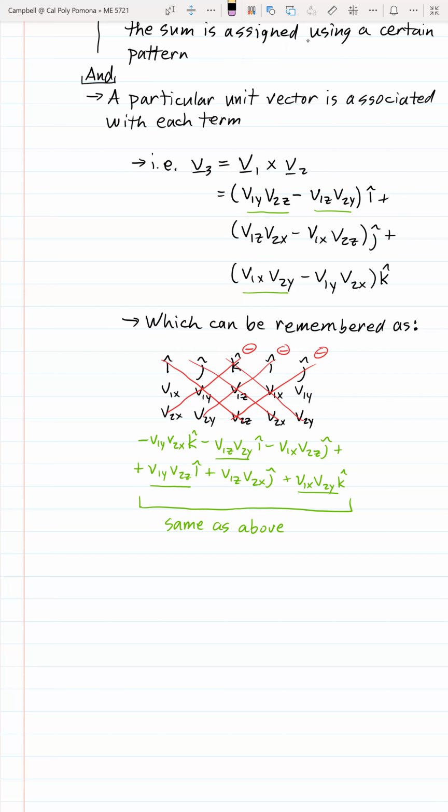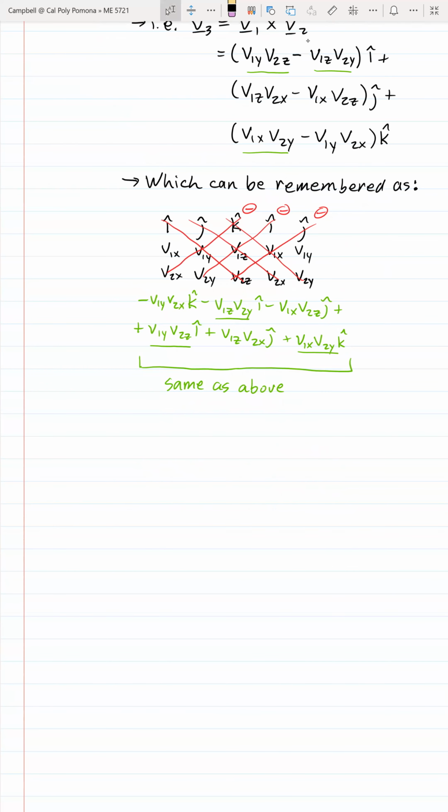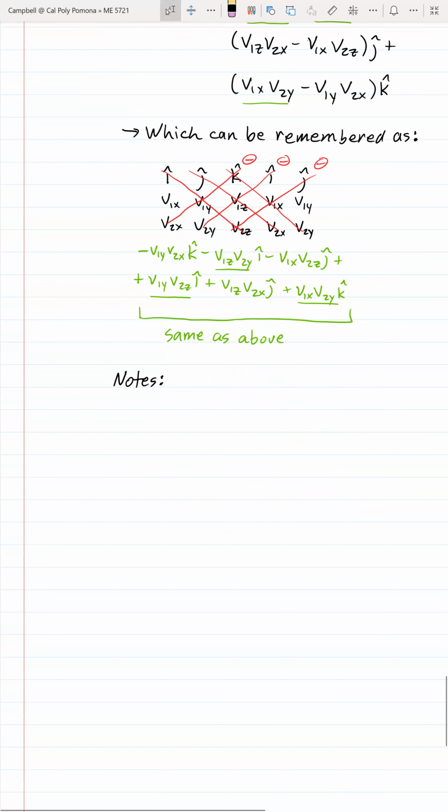Okay, so with that, let's go ahead and ask what we have with any of the operations that we have newly introduced. Let's go ahead and write down some notes. So V1 and V2 clearly must be the same size.